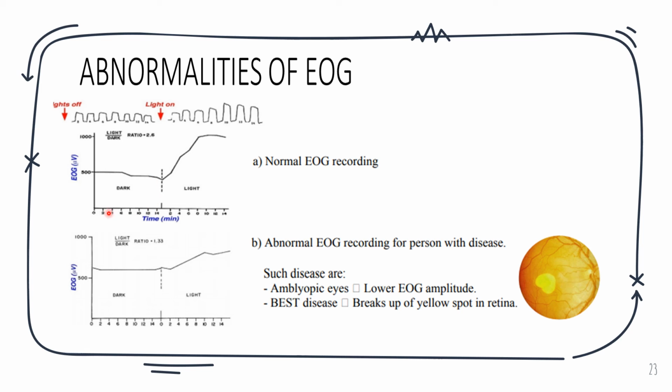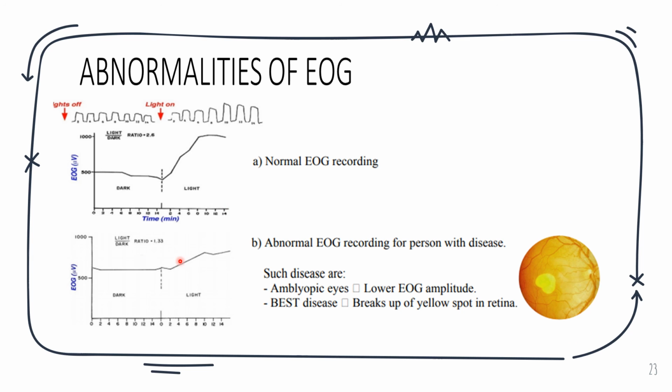When the condition is dark, it is around here, and for the light, it will increase. The graph will increase in voltage. Meanwhile, for the abnormal EOG recording, this is a person with diseases such as amblyopia eyes, Best disease, lower EOG amplitude, and breaks-up of the yellow spot in the retina.